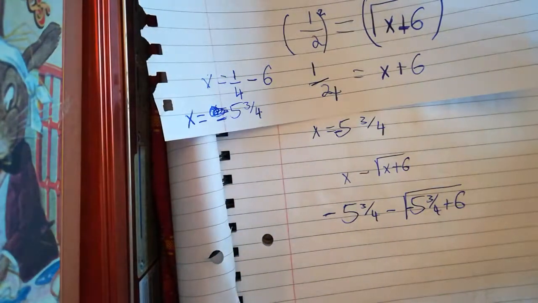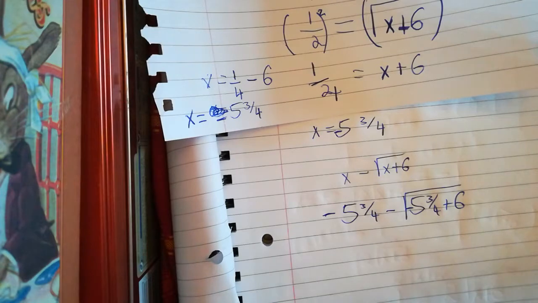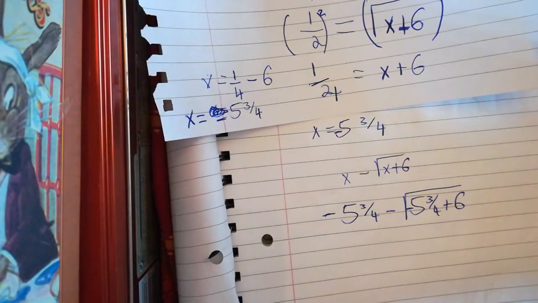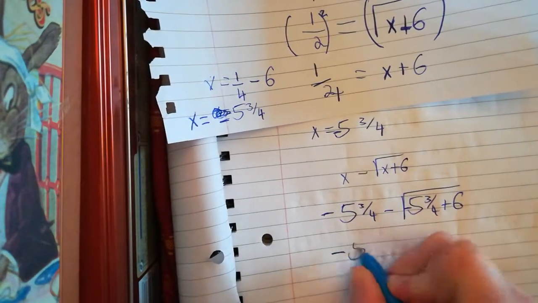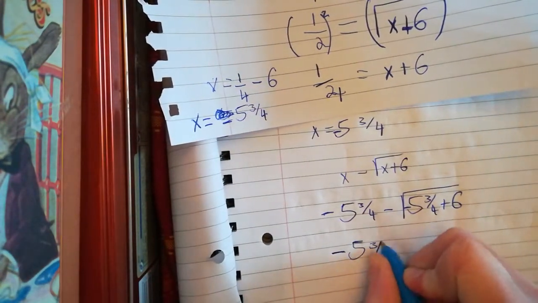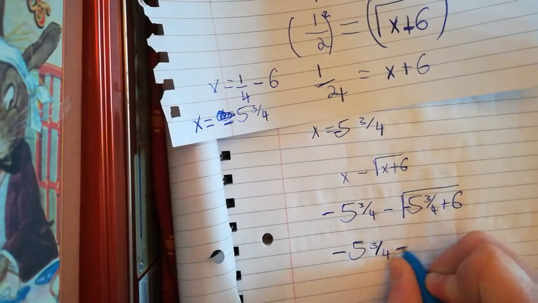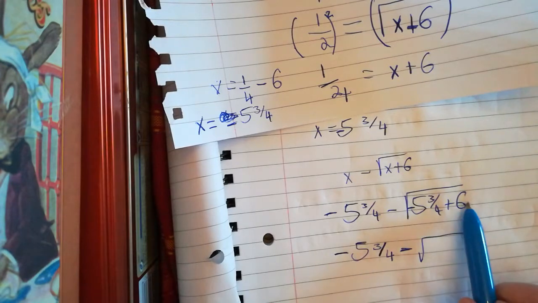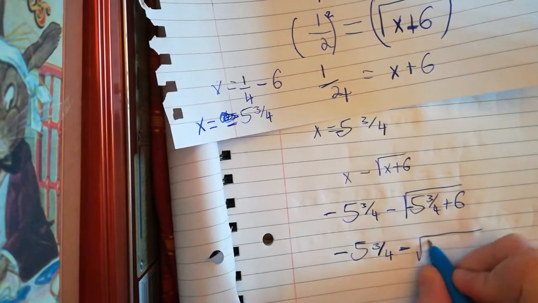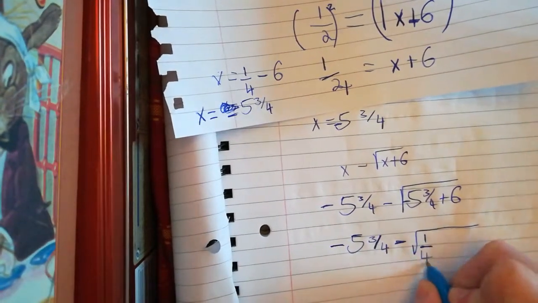So I'll get minus 5 3/4 minus this square root here, so that's going to be 6 take 5 3/4, which is just going to be a quarter.